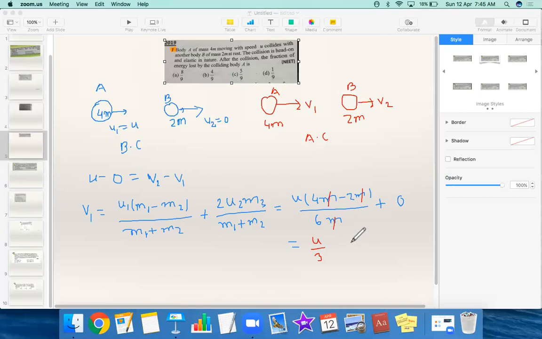Now what is the kinetic energy of the particle after collision? After collision, we have v1 equal to u by 3. So what is the kinetic energy?